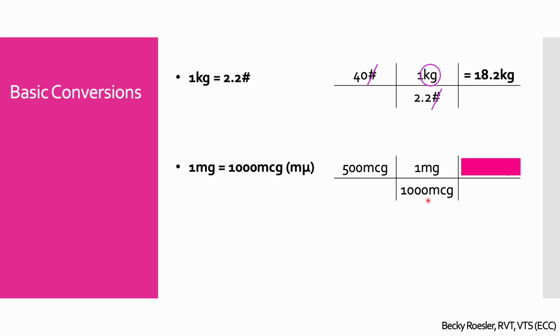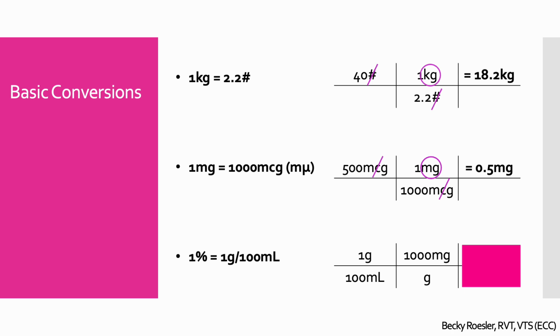We know that there's 1,000 micrograms in a milligram, so we're going to place the 1,000 micrograms on the bottom, so it crosses off with these micrograms up here. That leaves us with 500 multiplied by 1 divided by 1,000. Our units cross off. We're left with milligrams, and that gives us 0.5 milligrams.